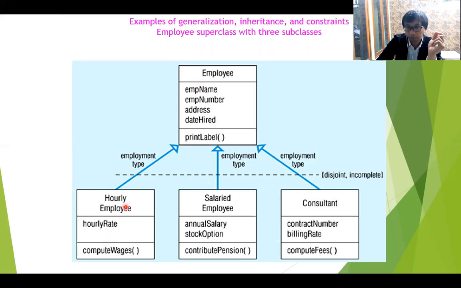As you can see, the hourly employee has the attribute hourly rate, and it has a method compute wages, and it is different from the salaried employee, which has a specific attribute called annual salary and the stock option. So this attribute is specific and only belongs to this class, and other classes cannot use this attribute.